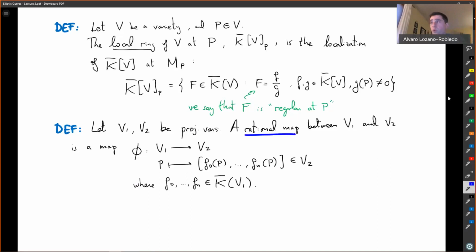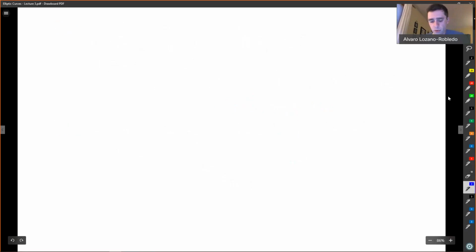And what we want to say is, what does it mean for phi to be regular at a point P? I'm going to do that in the next page, so I have also some room for an example. So let's write definition and leave some room for examples over here.